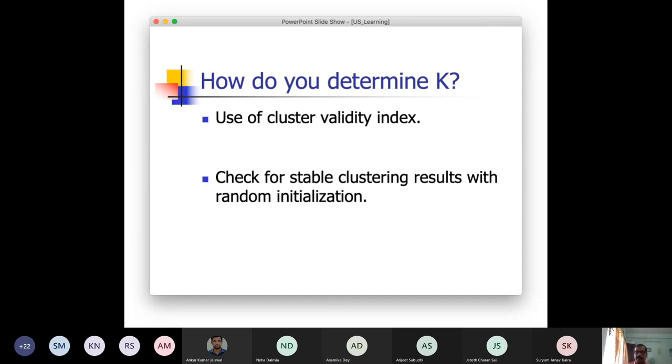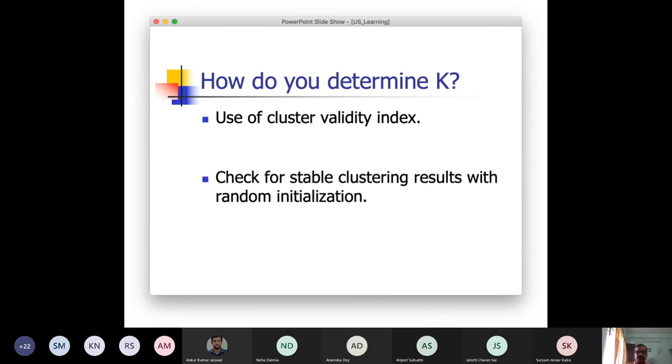One very naive technique, and that is what is usually followed, is to perform partitioning for many possible values of k and choose the partition which looks good, or which satisfies certain criteria. There are certain metrics by which you can judge how good a clustering is, or how good the partitioning associated with that clustering is.